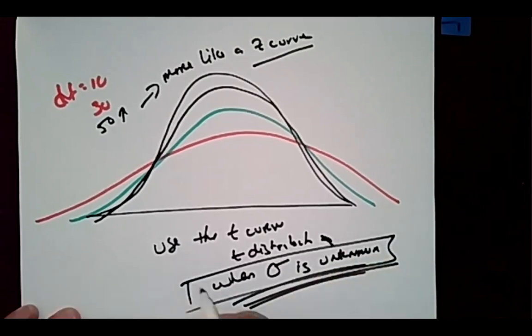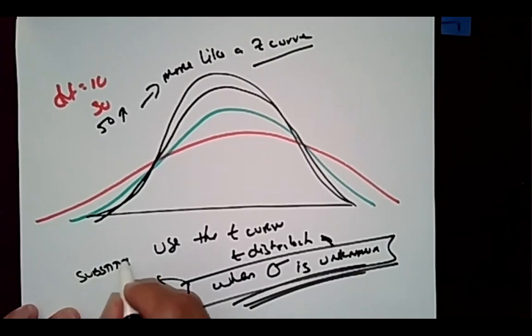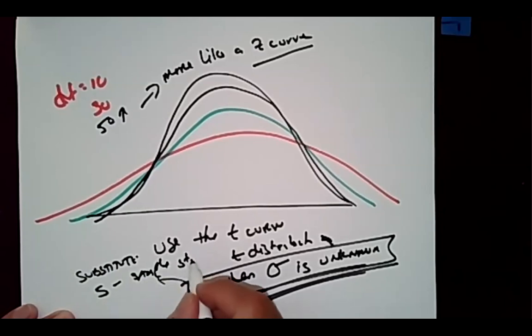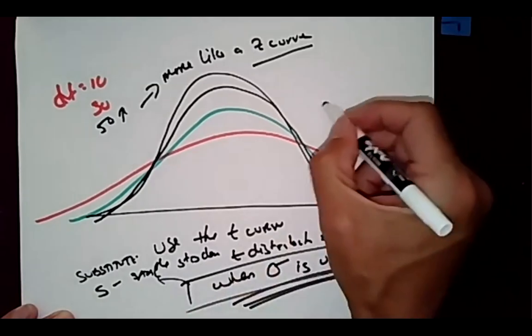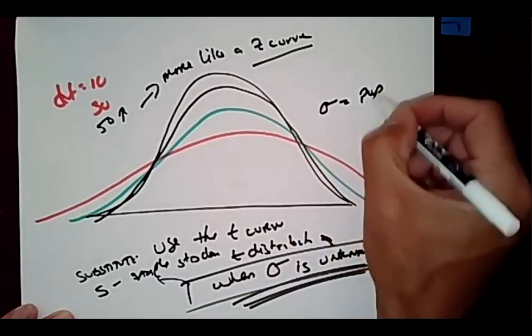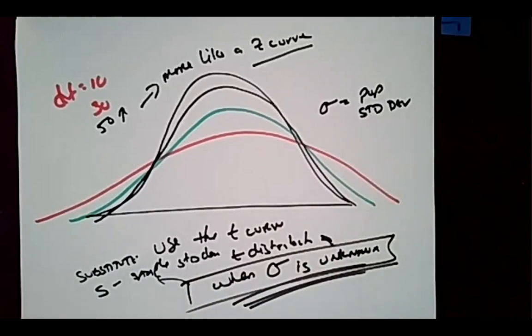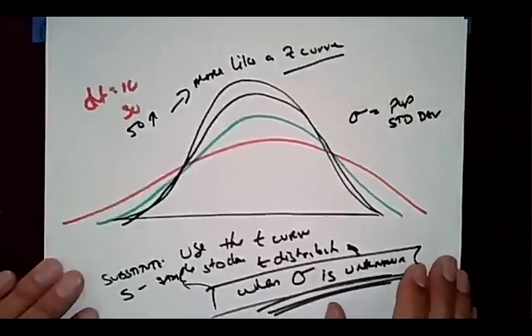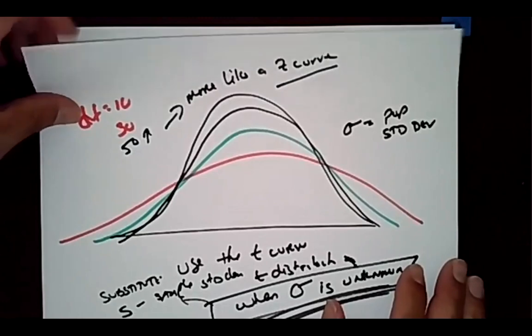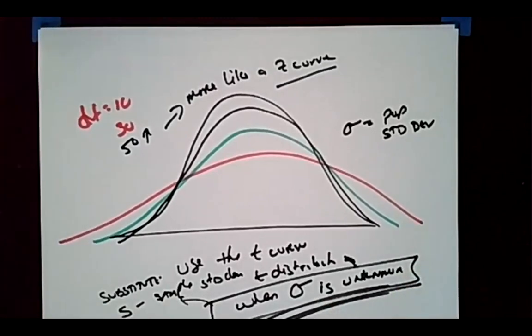And then from that you substitute S. S is the sample standard deviation. Sigma is the population standard deviation, right? So let me go back to my PowerPoint and we'll do this problem together, and that will help bring it together and kind of connect the dots for you.